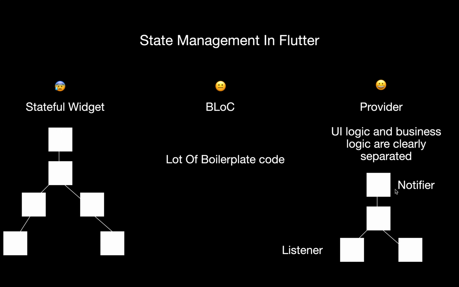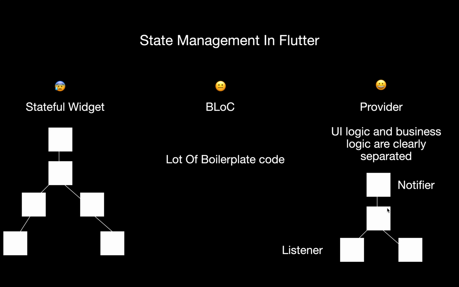From the top widget where you have your data, you'll be creating a notifier, and in the bottom widget where you need the data, you will create a listener, and this listener will listen whenever there is any update in the notifier. It's a kind of observer pattern.